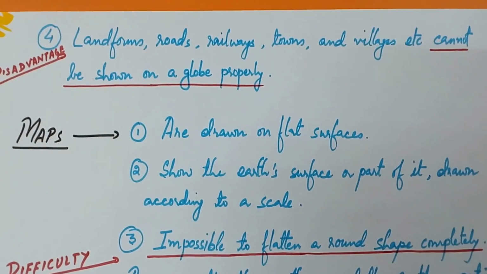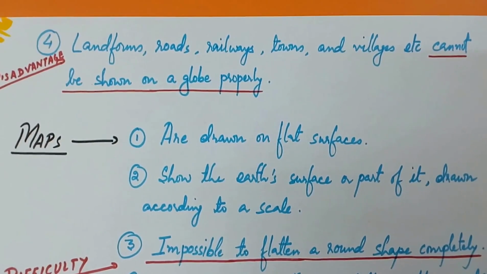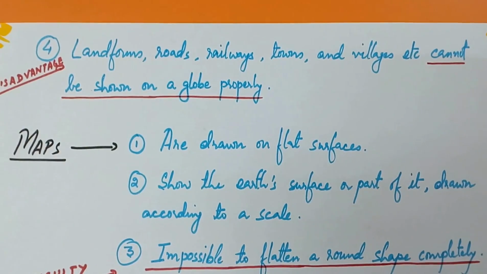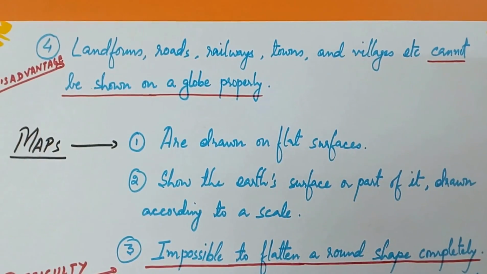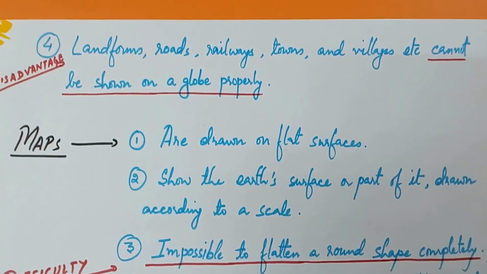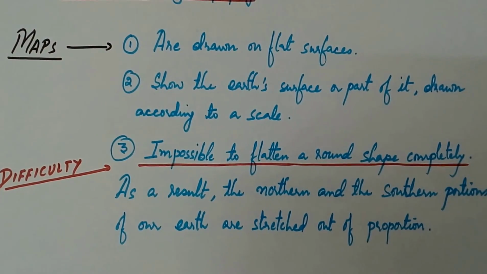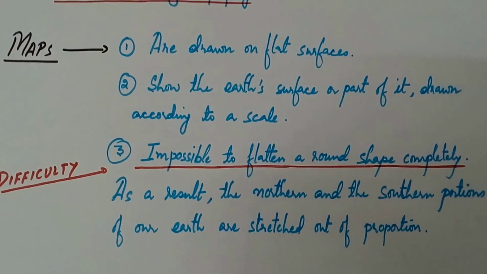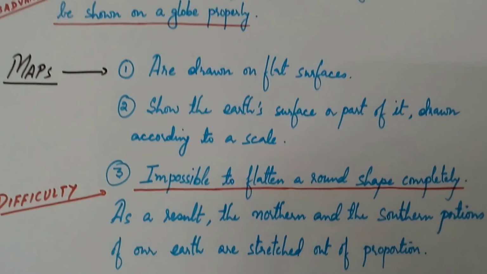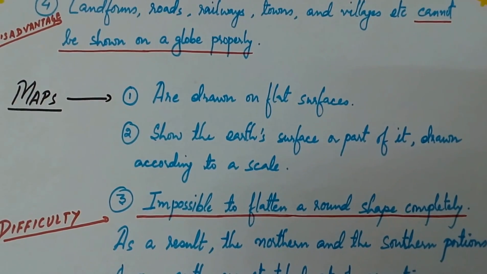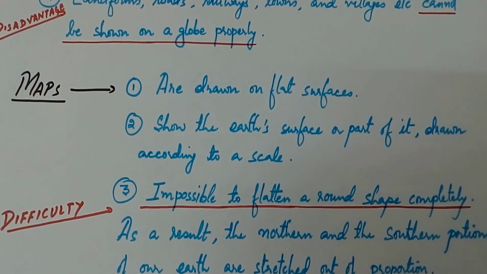Fourth point of the globe is that landforms, roads, railways, towns and villages, etc. cannot be shown on the globe properly. For this reason, we use maps on which we can show the landforms, roads, railways, towns and villages, etc. very easily.